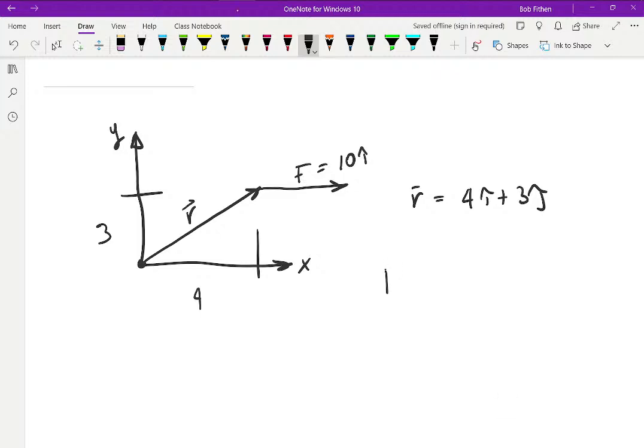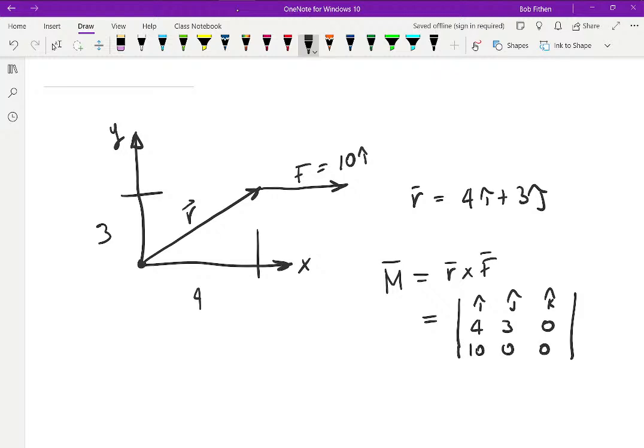Then if you want to know the moment, you'll end up with a moment of R cross F, pretty easy. i, j, k. R would be 4 and 3 and 0. F would be 10 and 0 and 0.